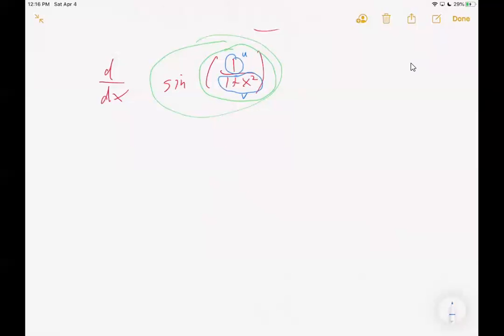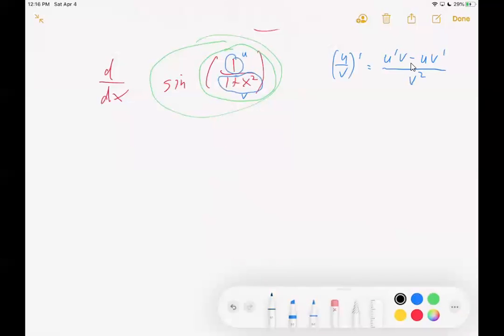So for the quotient rule, when we have u over v and we're taking the derivative, it's like the product rule, u prime v, but it's minus u v prime, and we have to remember to put that over v squared.